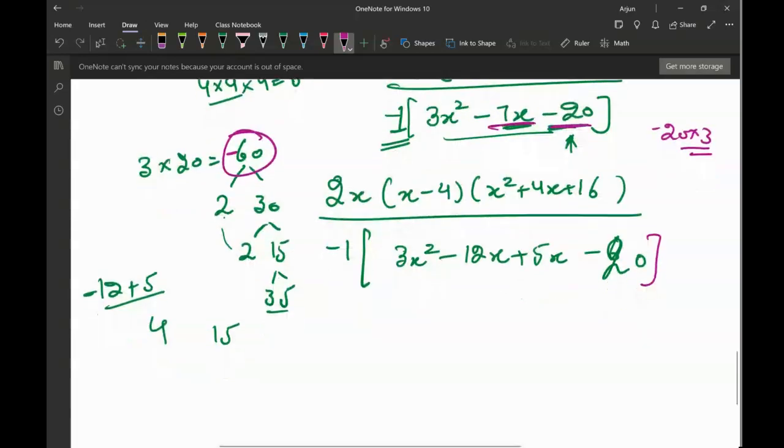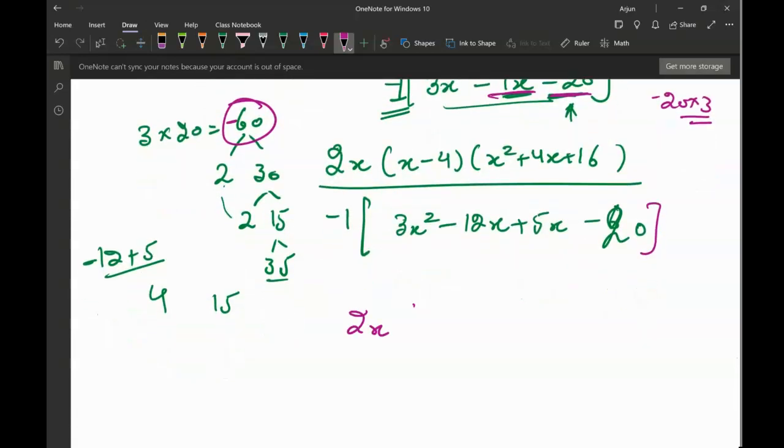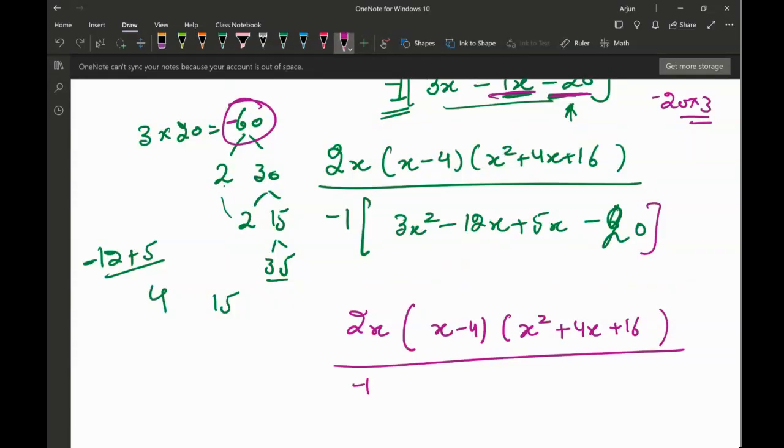All right. So now 2x times x minus 4, and this will be x squared plus 4x plus 16, and then on the bottom negative 1, and this will become 3x common, x minus 4, plus 5 common, x minus 4.